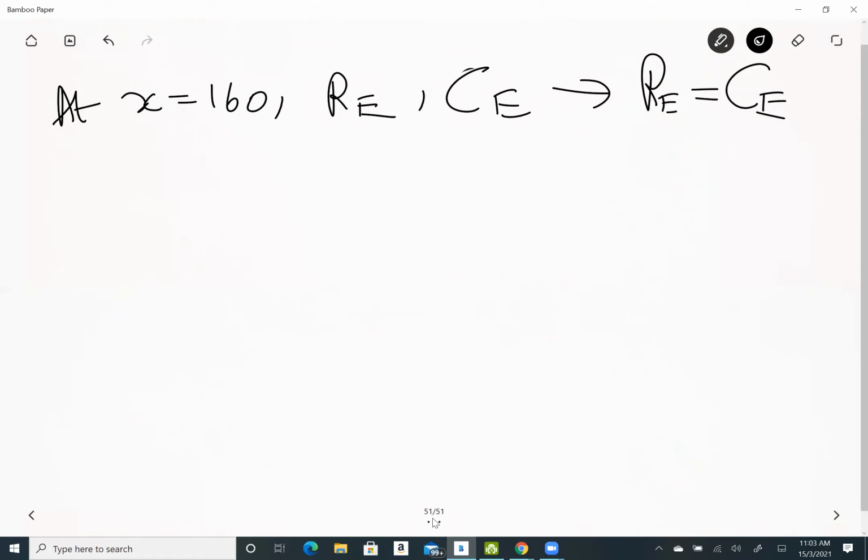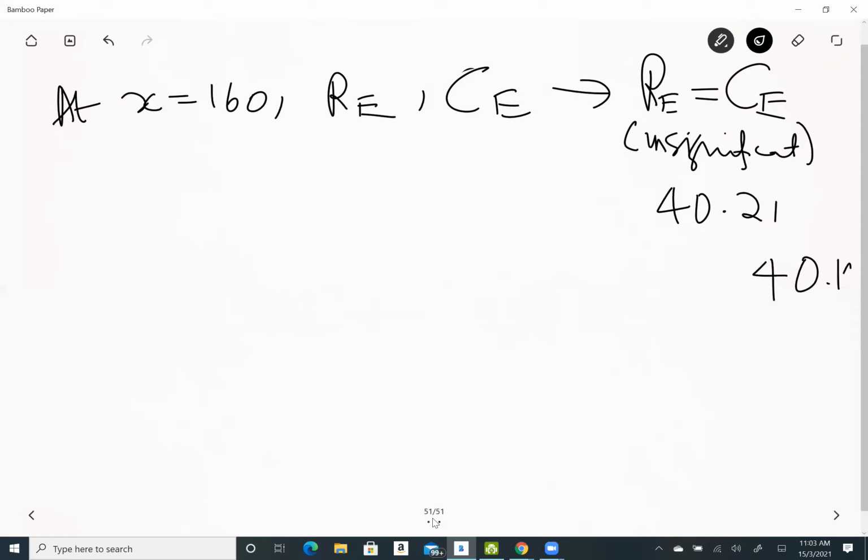But if you have a different answer, it will be very small, an insignificant difference. So you may get here maybe 40.21. If you put in the CE, maybe you got 40.19 like that.